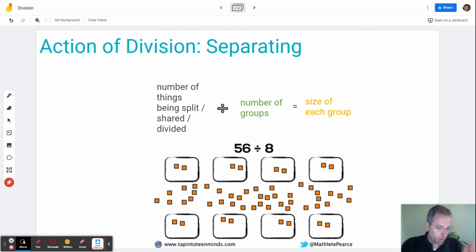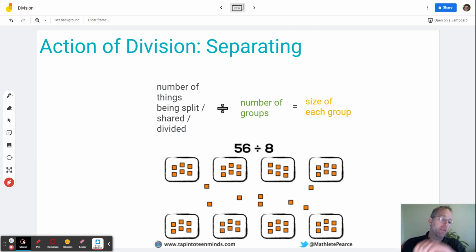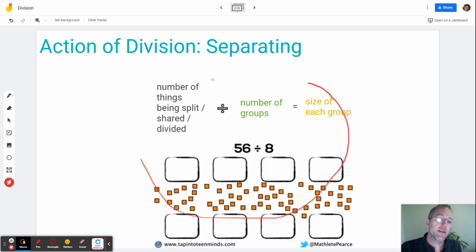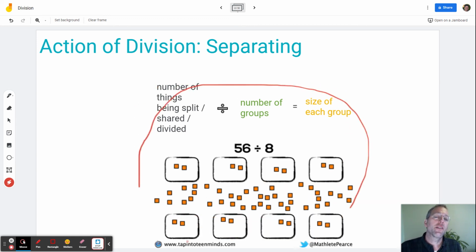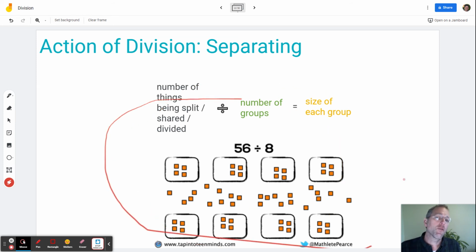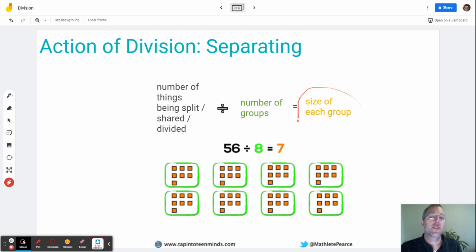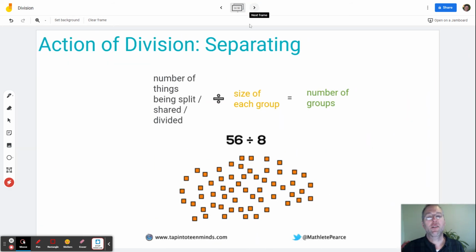Everybody gets 1, go around, everybody gets 2, go around, everybody gets 3, 4, 5, 6, 7. Everybody gets 7 cards. There's an example of using division to start with 56 cards and separate them into 8 groups. In doing that, we find that the size of each group was 7 cards per person. That's the first example of separation.